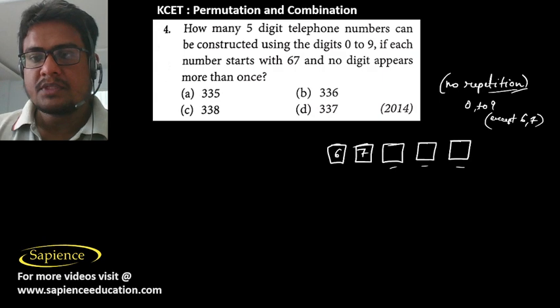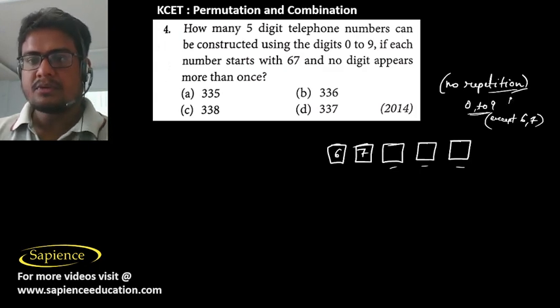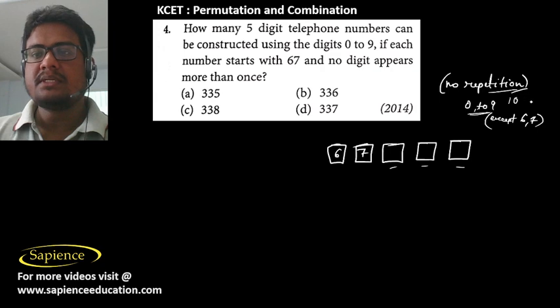So 67, then out of these 10 digits, 2 have been already used. So out of the remaining 8, we have to choose any 3.